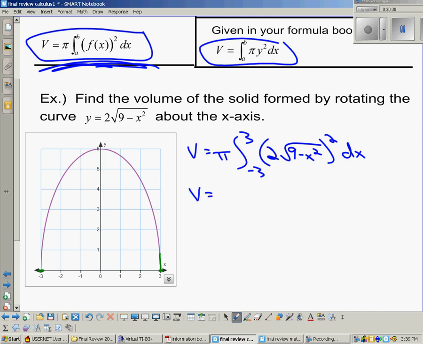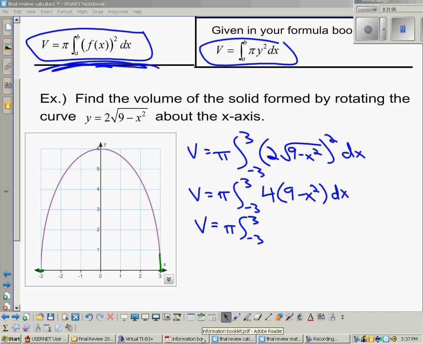Okay, before I integrate, I want to square that function. So 2 squared is 4. The square root of 9 minus x squared, all squared, is just 9 minus x squared. Now I could take that 4 out front. Maybe that's the easiest thing for us to do here.